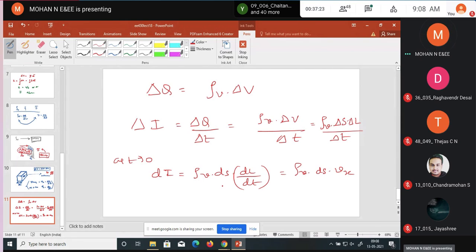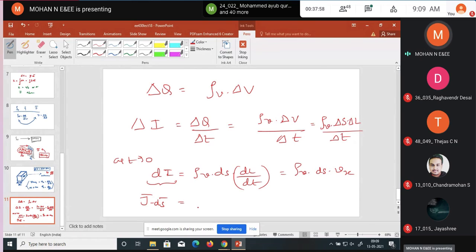Okay, so also we know that this dI on the left hand side, in terms of the current density, is J vector into dS vector. On the right hand side, the movement of charge is along the x-axis.